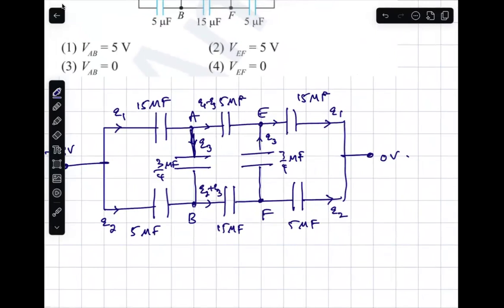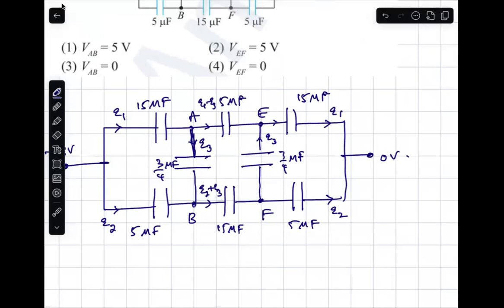Why? Q1 minus Q3 plus Q3 combined to give Q1. Similarly, Q2 plus Q3 passes as Q2. You have three charges, so you require three equations.